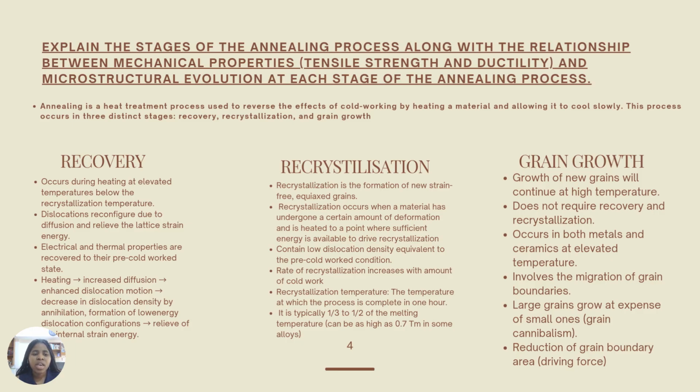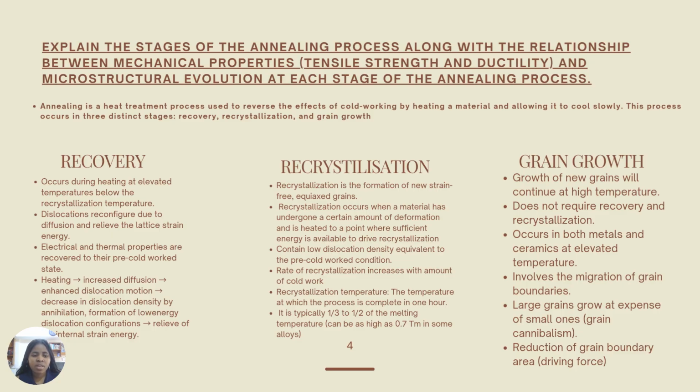Recovery occurs during heating at elevated temperatures but below the recrystallization temperature. At this stage, the dislocations reconfigure due to diffusion and relieve the lattice strain energy. The electrical and thermal properties are recovered to their pre-cold-work state, but the mechanical properties are not recovered yet.